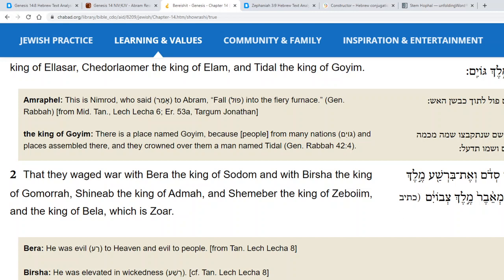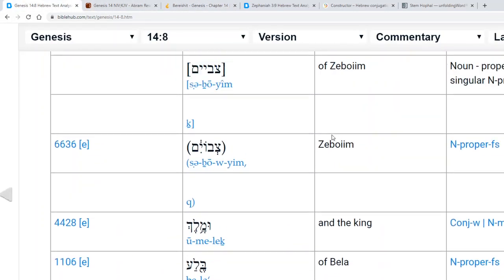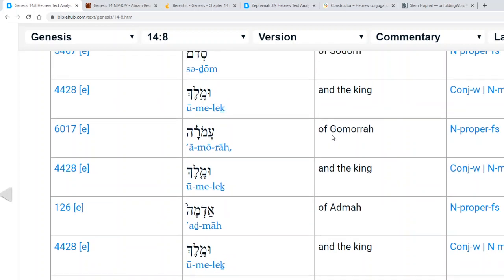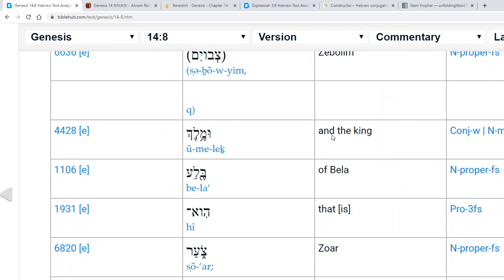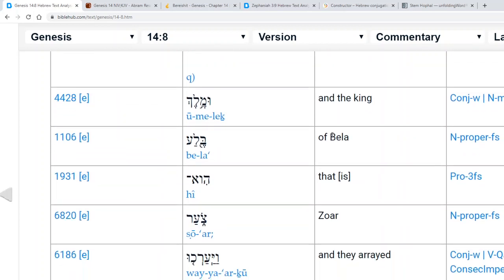So here it says Shem Ever Melech Tzivoim Melech Bela Hi Tsar. It does the same thing over again, right? Melech Adma Melech Tziboim Melech Bela Hitzor.